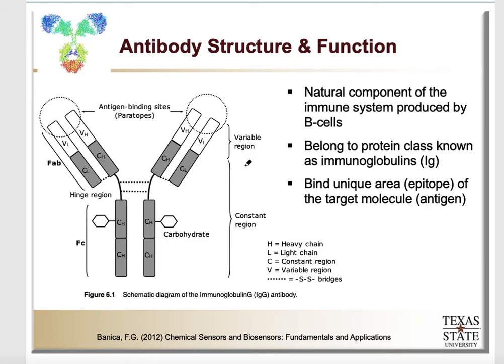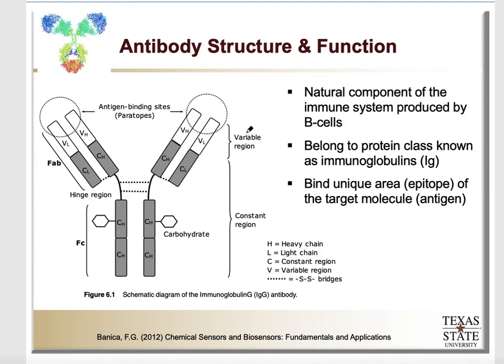The structure of antibodies is shown on the left-hand side. As I mentioned, they have this kind of Y shape. Among that Y shape, the top part is known as the variable region, which is what is now in white. And that variable region is the region that provides that antibody with the ability to recognize and bind to a particular target.